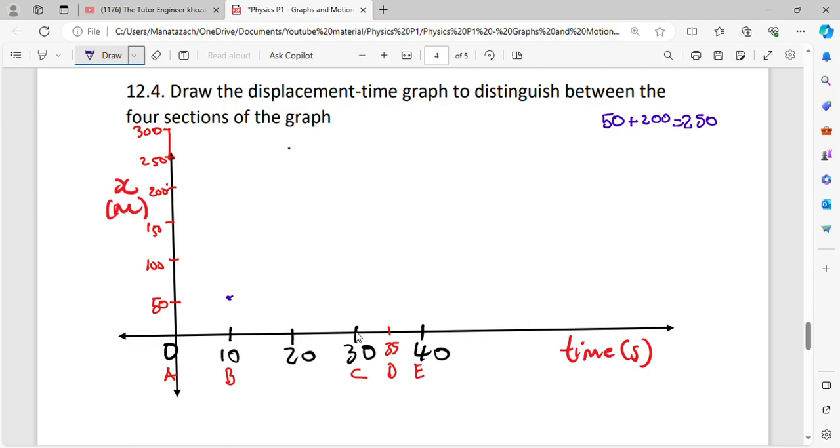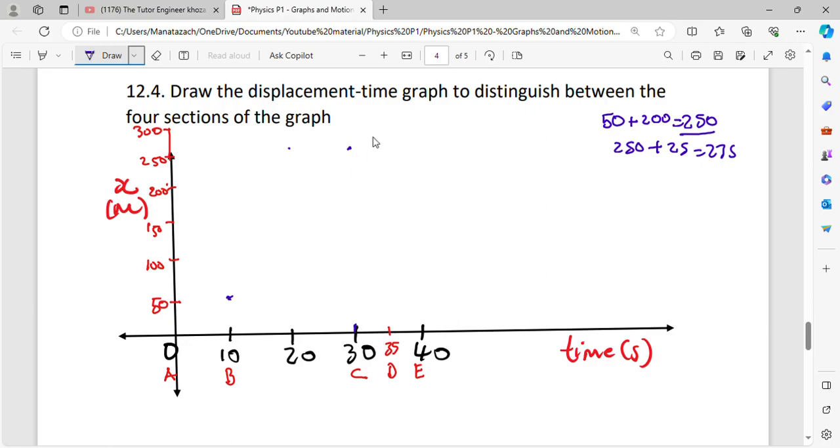So point C here, 250 is there. So the straight line will continue, and then at point D, that 250, the very same 250, you're going to add 25 on it. So we'll have 275.